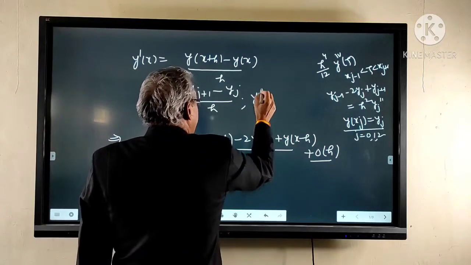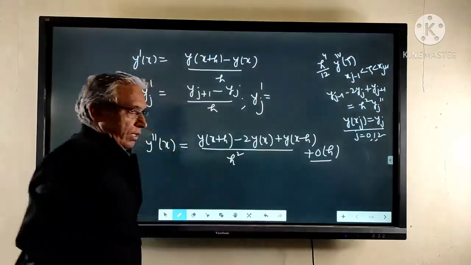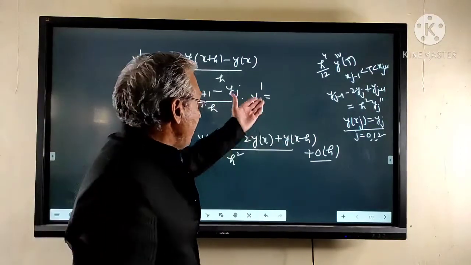This is the forward finite difference for the first derivative.